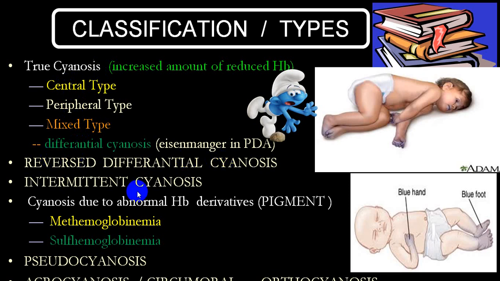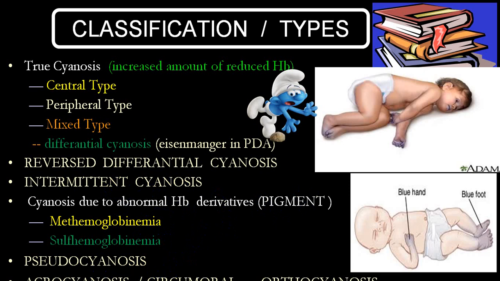There is another term sometimes utilized, called intermittent cyanosis. There is one more term, pigmentary cyanosis or endogenous cyanosis, which is because of methemoglobinemia or sulfhemoglobinemia. There are some other odd terms also utilized, like acrocyanosis.